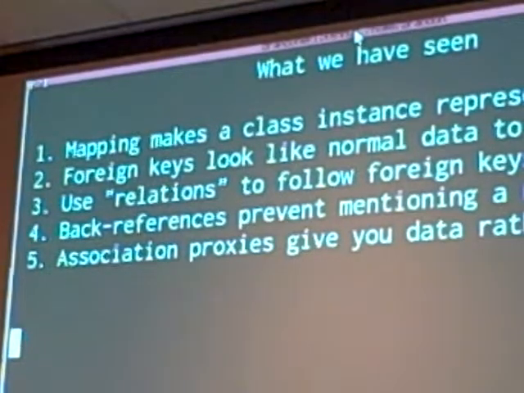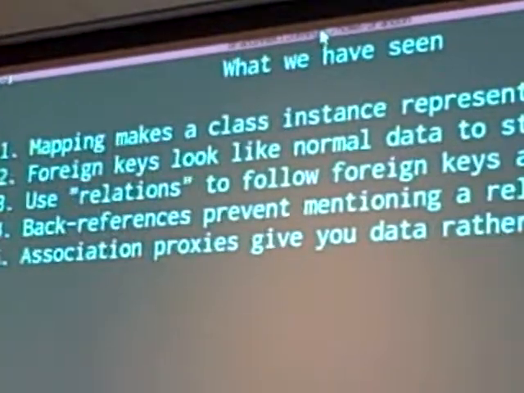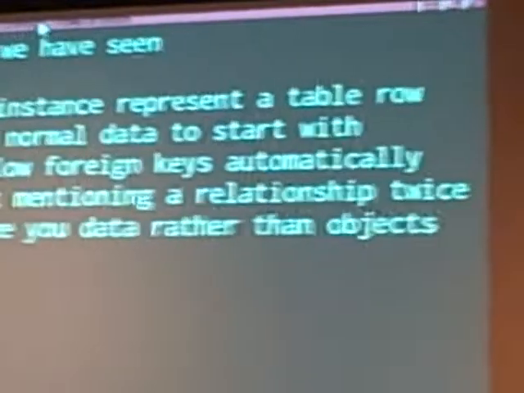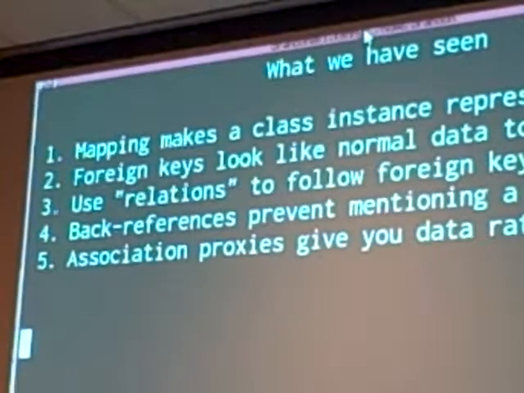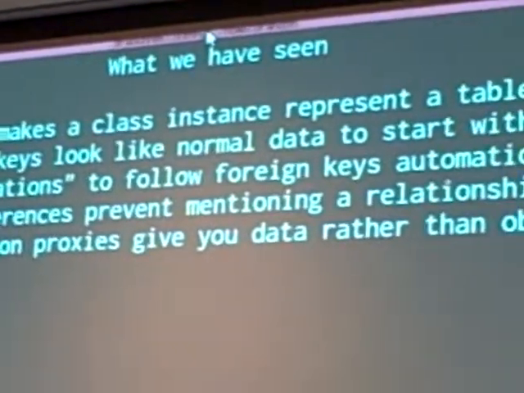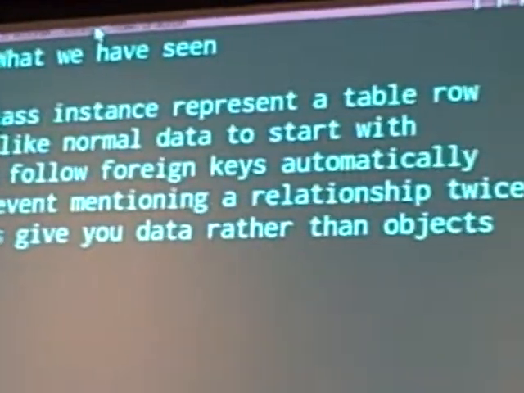Lesson 4 was that back references prevent your having to mention a relationship twice, and that finally association proxies let you, for very simple database rows that only have one thing in them you care about, get the data out and just talk about the list of datums rather than having to talk about objects.